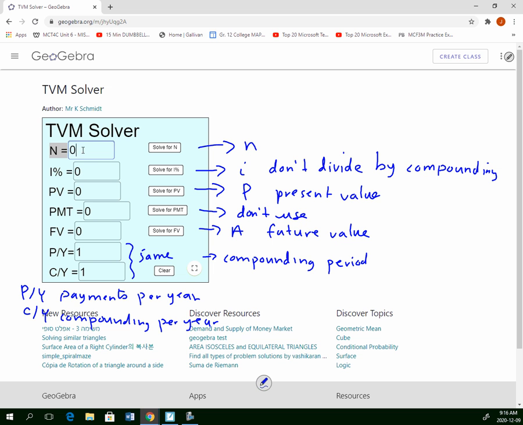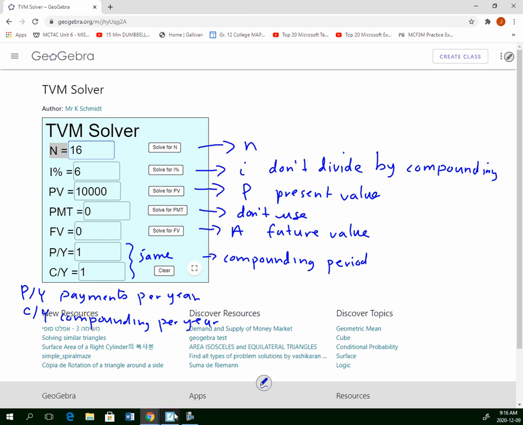So present value was $10,000. So I'm going to put in 6% for the interest. N was, what was it, quarterly? So it was quarterly for 4 years, right? So N was 16.